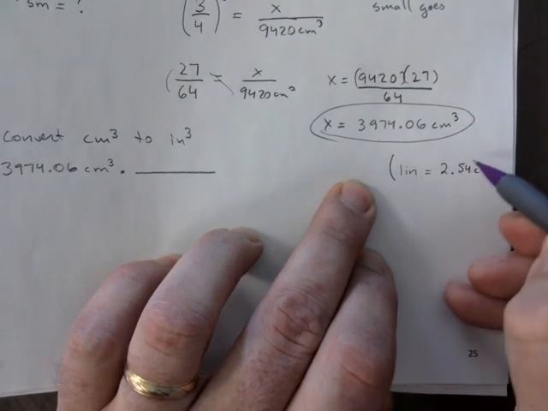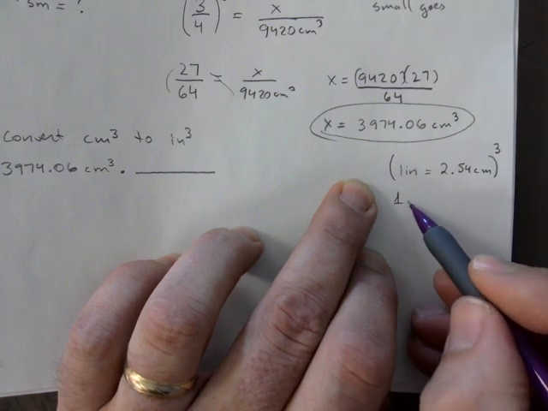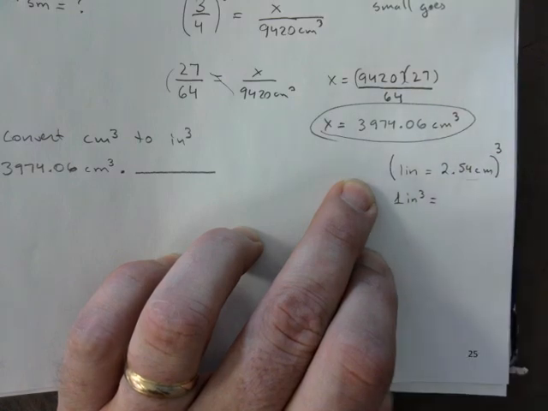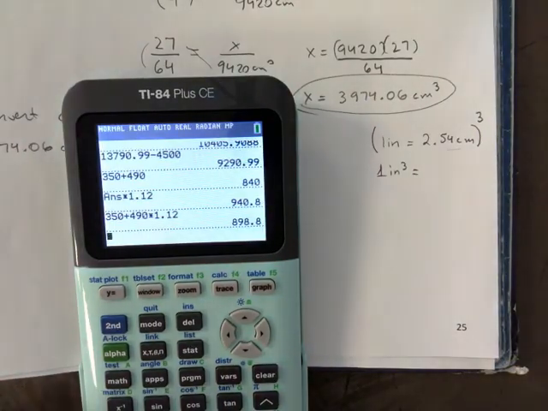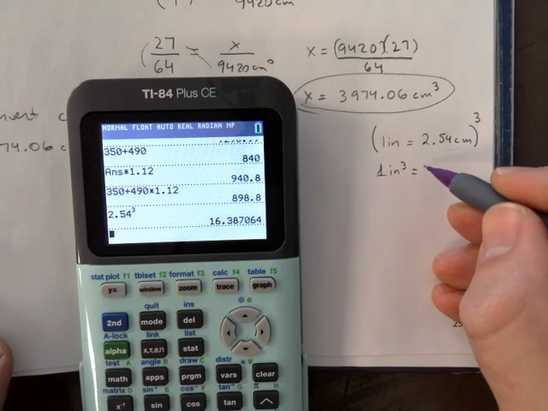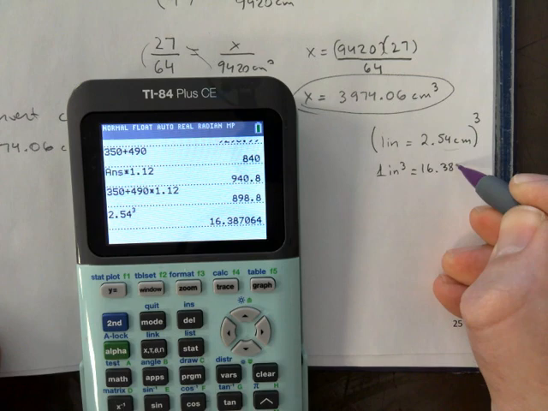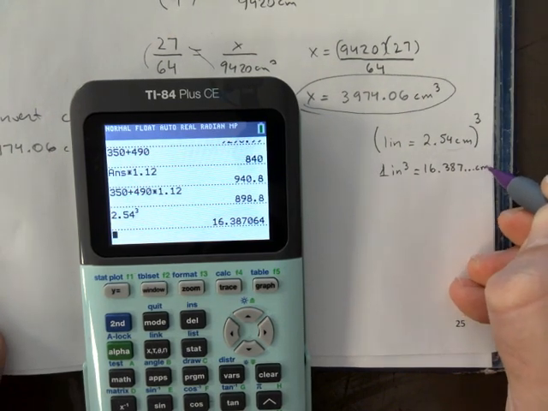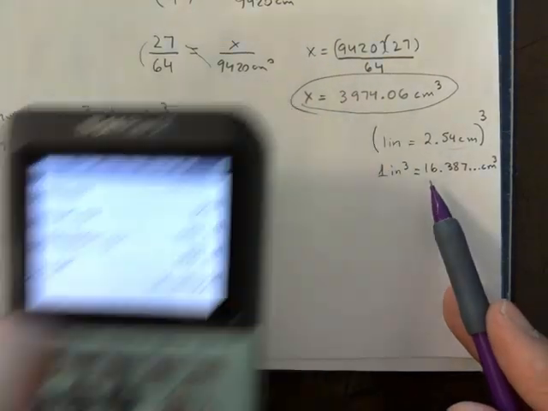And you just take the whole thing. 1 cubic inch, just cube this one. 2.54 to the power of 3, and you just have that on the side here, 16.387, and it keeps going, cubic centimeters. Okay, so you do that on the side.